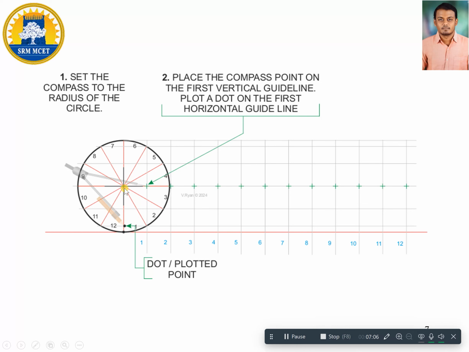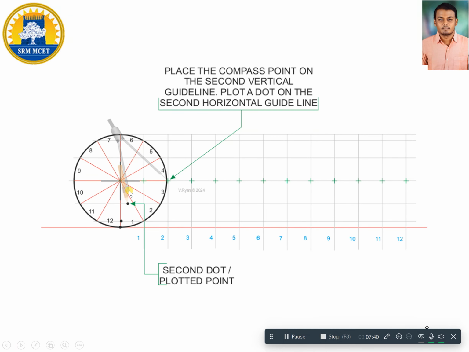Let us take this point as O. On the central line I am going to mark the same 12 divisions parallel to the baseline. We can assume these points are C1, C2, C3, C4, C5, C6, and so on up to C12. These points are necessary for us to identify the generating points. Let us see it in the next slide.